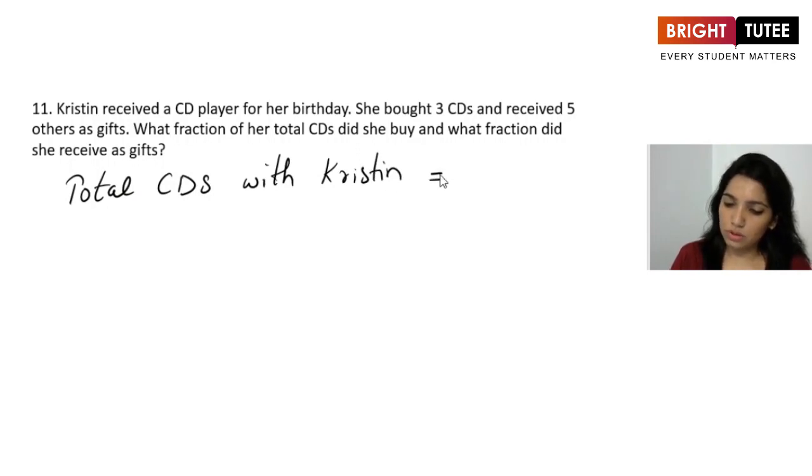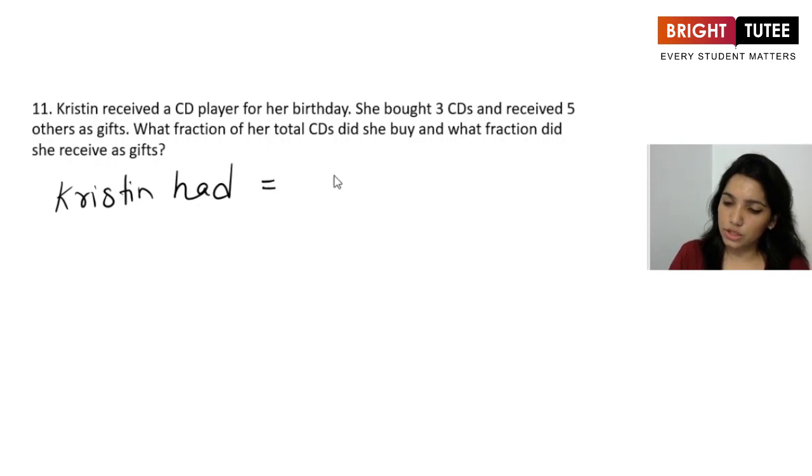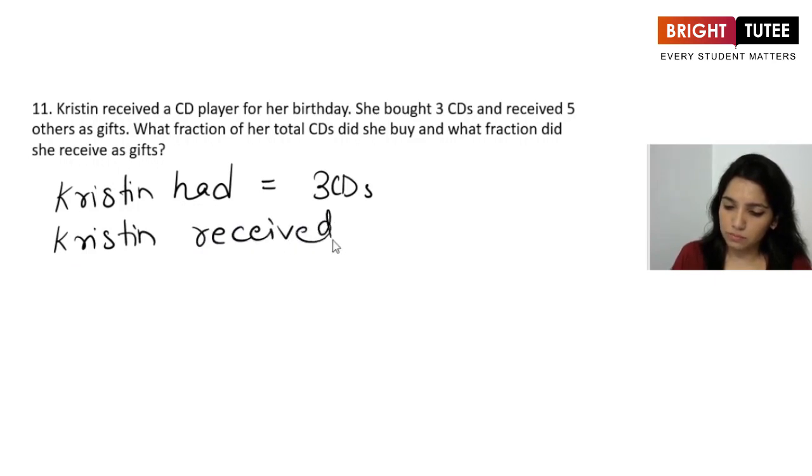Let us write how many CDs she had with herself. Kristen had how many CDs? She had 3 CDs, right? And how many did she receive? Kristen received 5 CDs. Is that right?